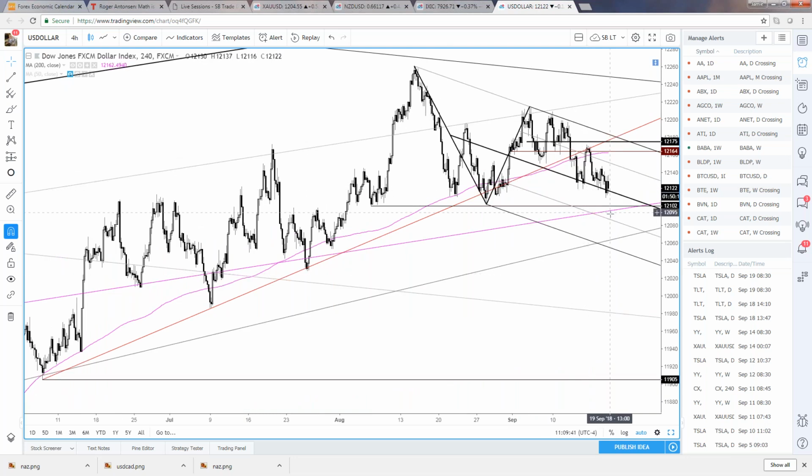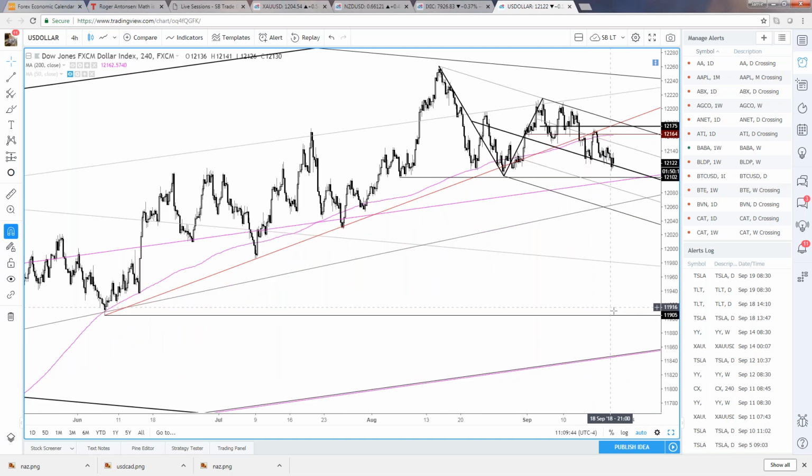So this tells me a few things. It tells me that, one, there's something important going on right here, and that when it breaks, I should say probably if, but I do think it will break, we are likely to see a pretty strong acceleration to the downside, right?